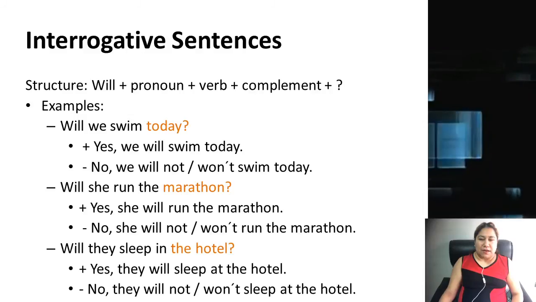Also, you can answer with a complement if you want. For example, yes, they will sleep in a hotel. A negative answer could be no, they will not sleep in a hotel, or no, they won't sleep in a hotel.